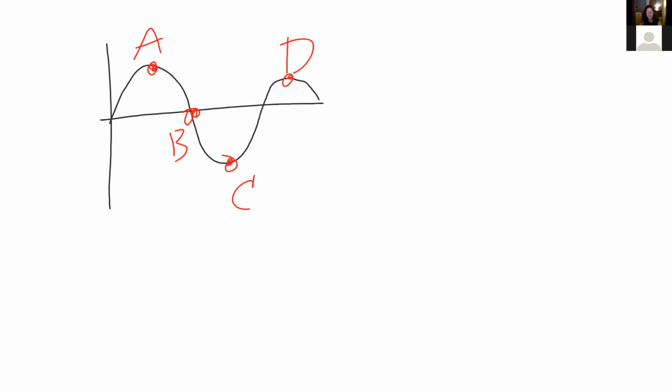This isn't exact. But this would be a position versus time graph. And they're going to ask you, where is the magnitude of the velocity largest?